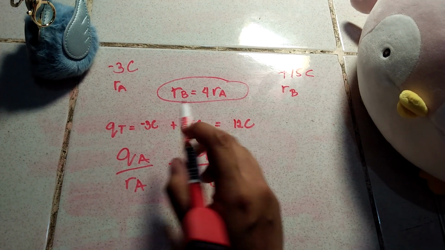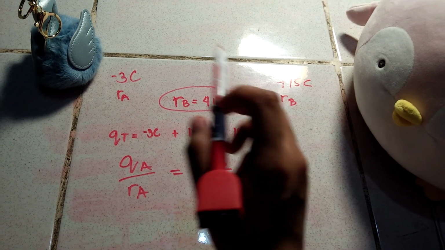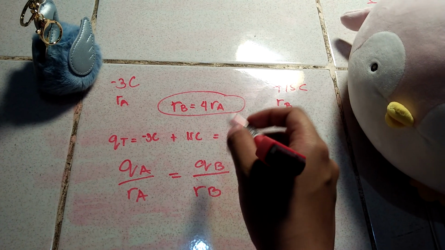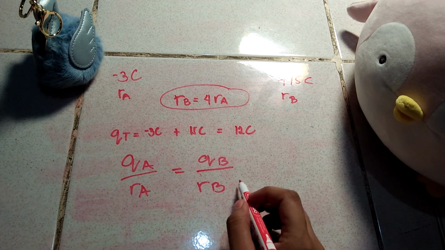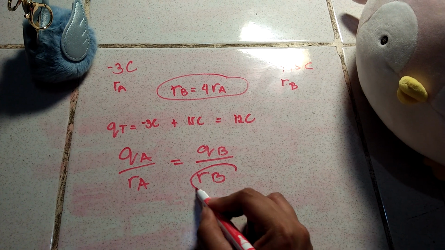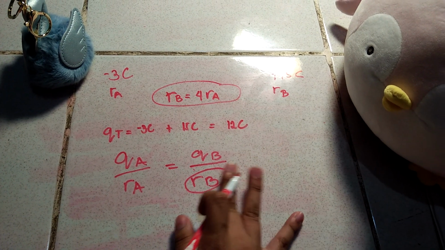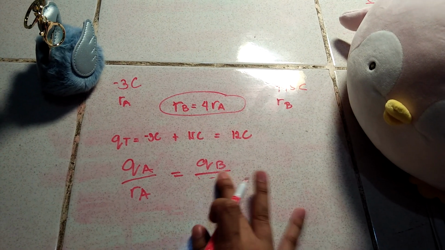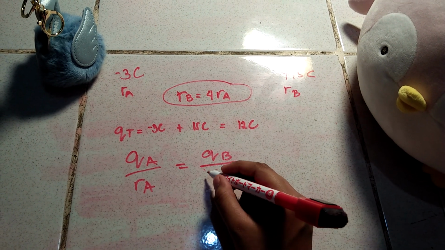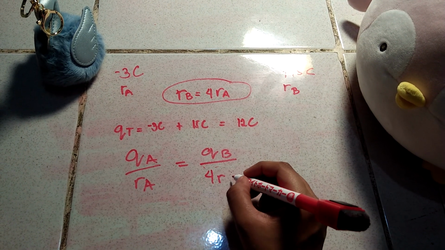Now, again, from here, RB is 4 times larger than RA. So, we can substitute this. By that, let's erase that and change it to 4RA.